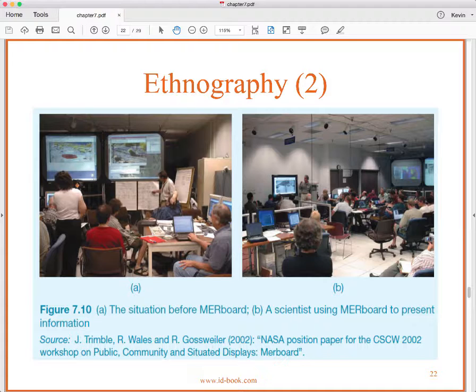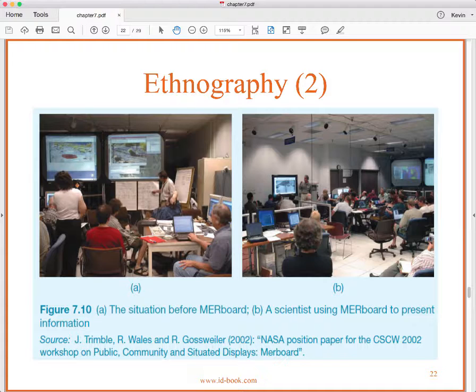So to get back to the Mars rover, these are the people who had some expectation of interacting with the Mars rover, and there was a team of interaction design-ish people who did an ethnographic study of the MER people.